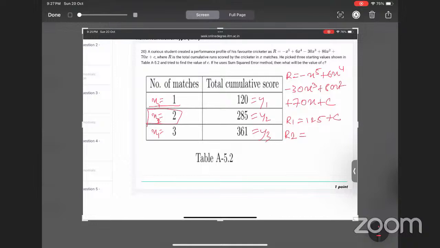Why does R1 become 125 plus C? I didn't calculate it. Some of you have seen it, right? Ma'am, put 284 plus C.